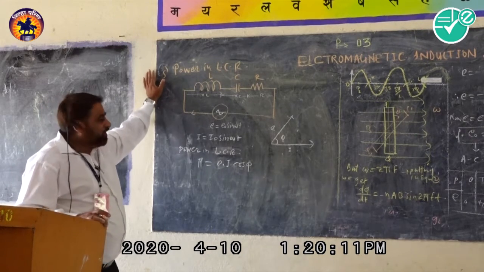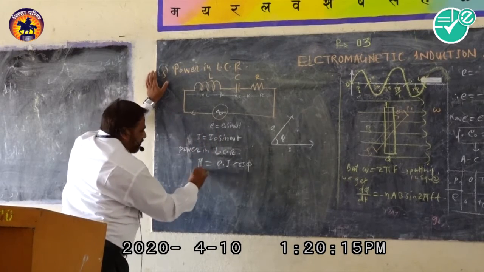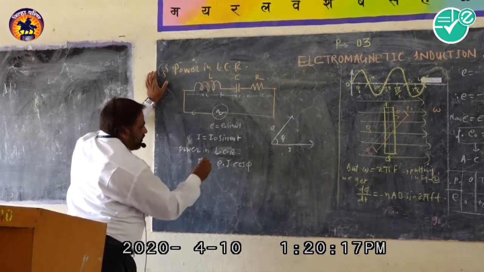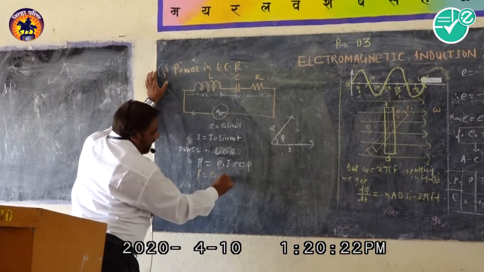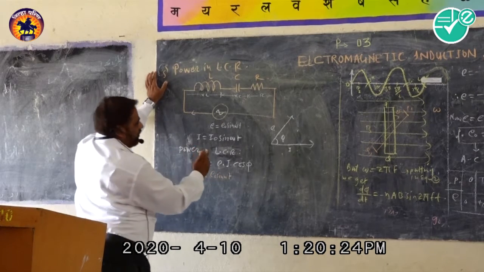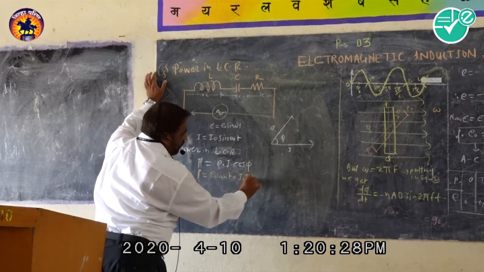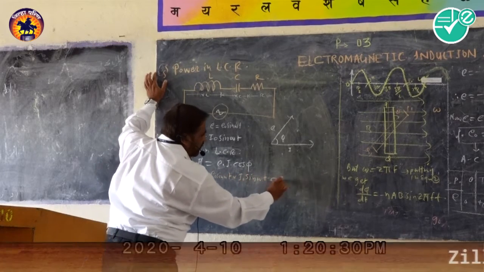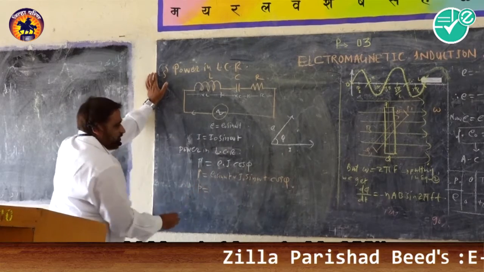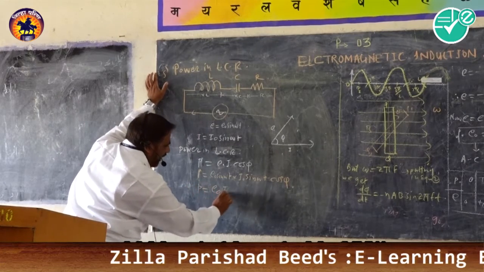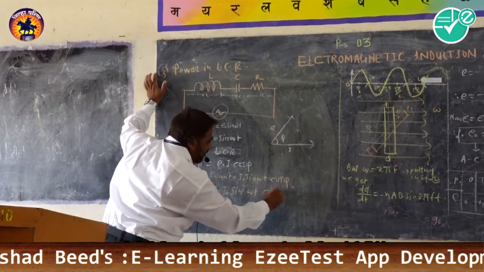Putting the values of E and I, we get P is equal to E0 sine omega t into I0 sine omega t into cos phi. That can be written as P is equal to E0 I0 sine square omega t into cos phi.